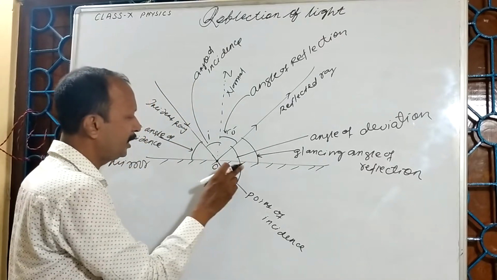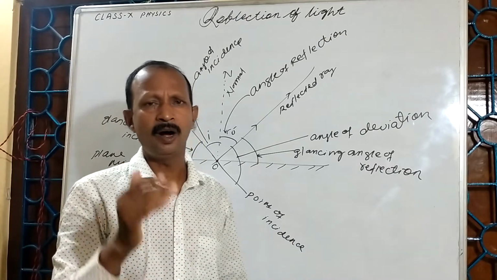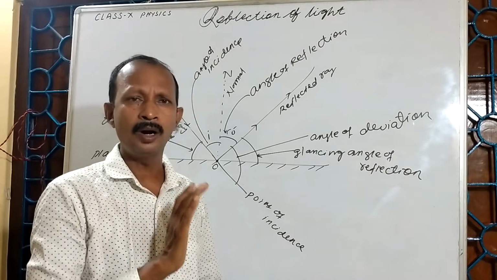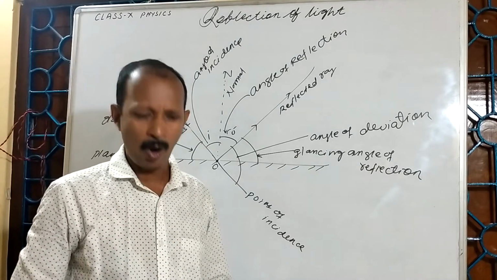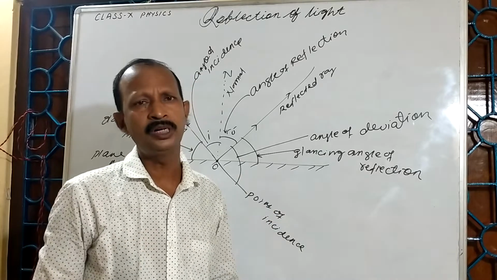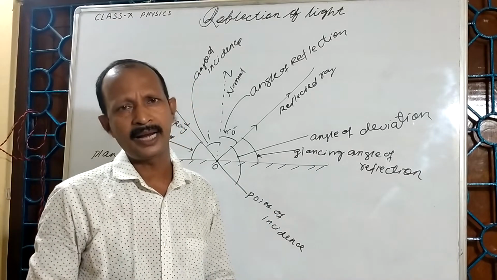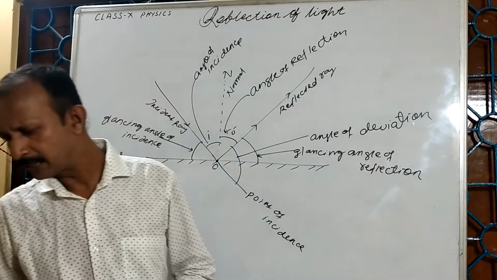This oblique line represents the back side of the mirror. This is the ray diagram of the mirror. Throughout the topic, we will not draw the picture of a mirror, picture of object, just we will use the ray diagram of the object or the mirror, whatever it may be.